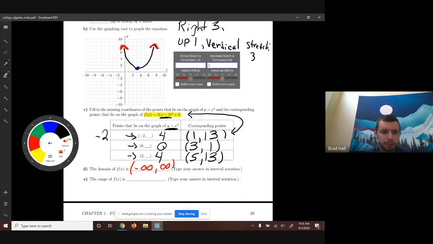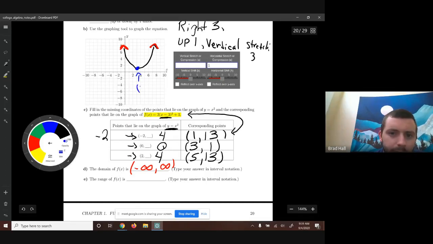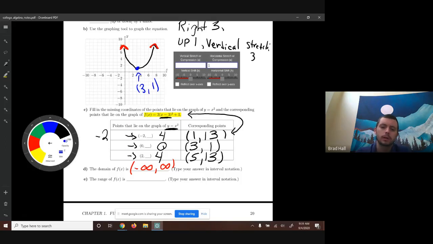Now the range will not be all real numbers because the lowest point is not an arrow. The lowest point is that point that I just shaded in blue down there. So what is that point as an ordered pair? That seems to be the point 3, 1. We went to the right 3 and up 1. That's what we found when we did this problem last time.